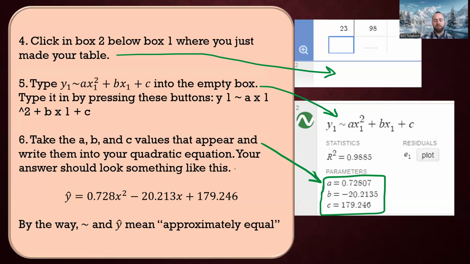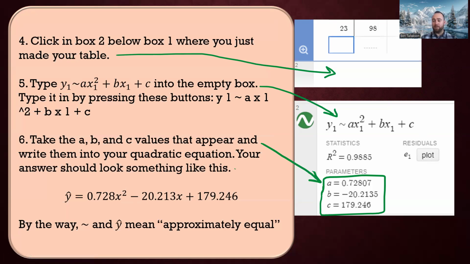So if you press shift and that button above the tab key, that will give you this little symbol, which means approximate, and then the rest. So we're typing all of this in, and it should appear as you see it here.